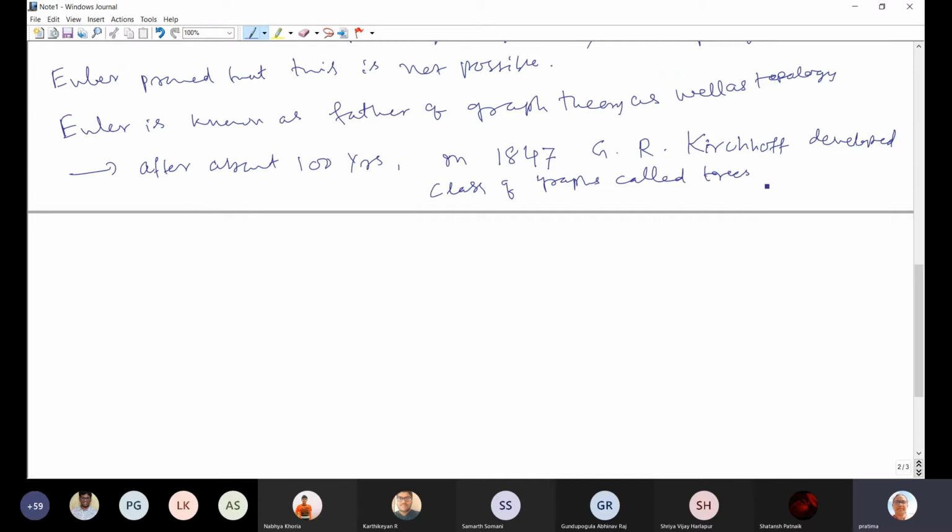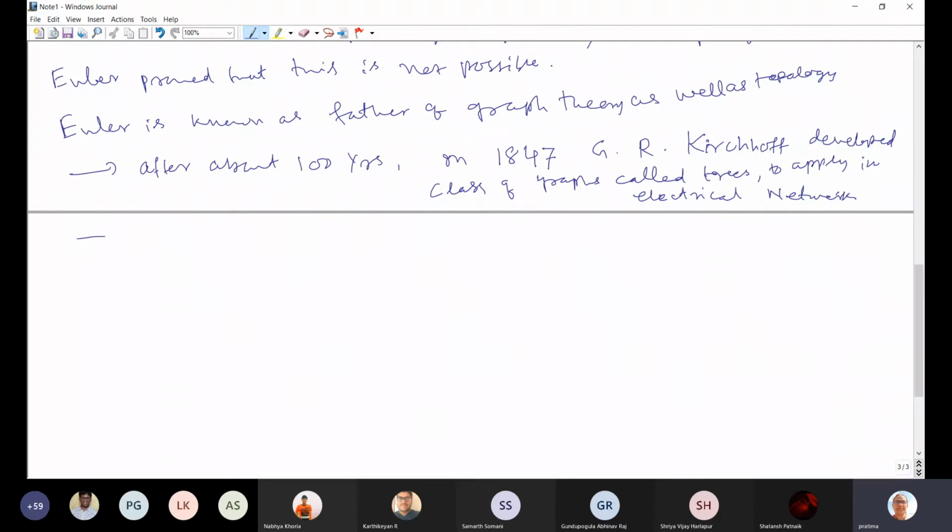We'll give the definition of trees in graph theoretic language, to apply in electrical networks.